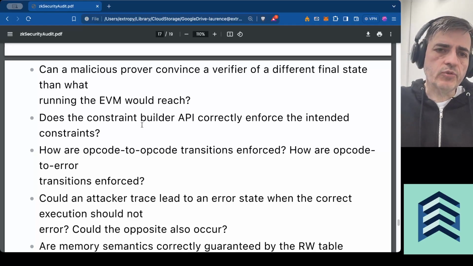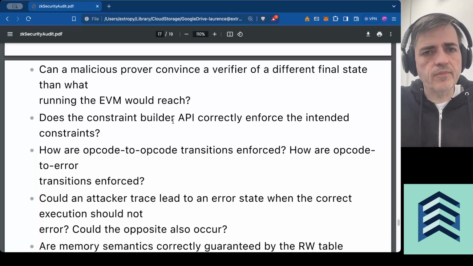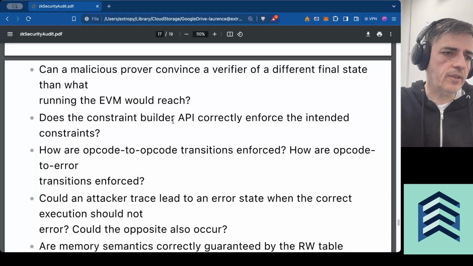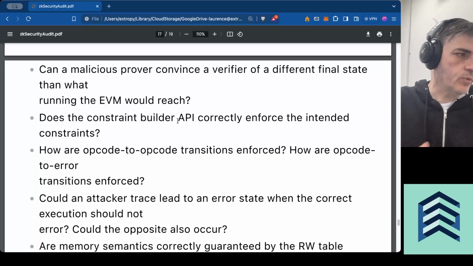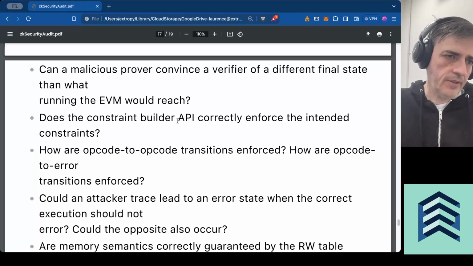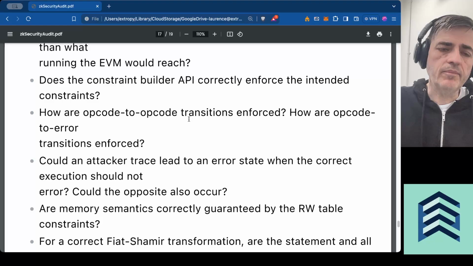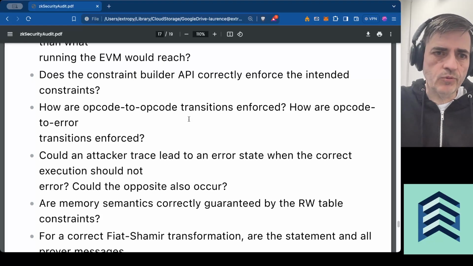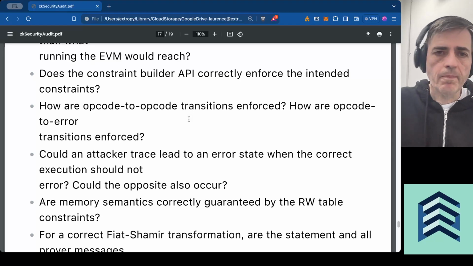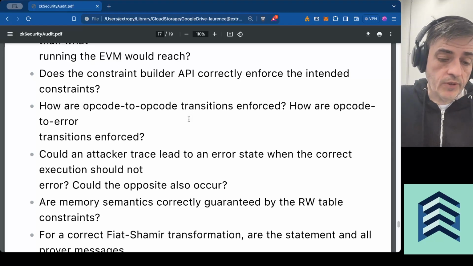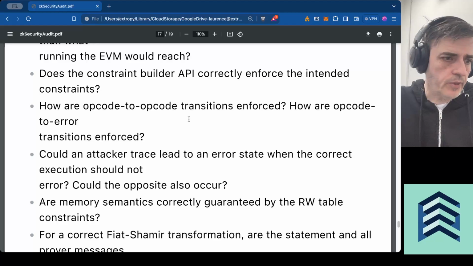The way the constraints are built, so this is to do with the way that the circuit is created. Is that working correctly? Do we actually get the correct constraints in the circuit that we are expecting? Are opcodes working correctly? That means not only is the opcode itself doing what it should be doing, but are we using the correct opcodes?